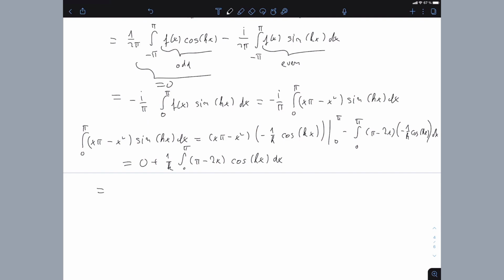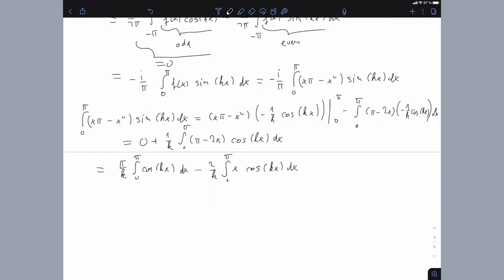Here we just split this into 2 integrals. The first one, pi over k, integral from 0 to pi of cosine kx. And the second one, minus 2 over k, integral from 0 to pi of x cosine kx.